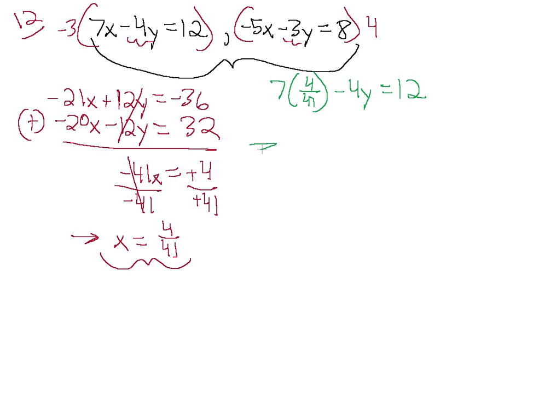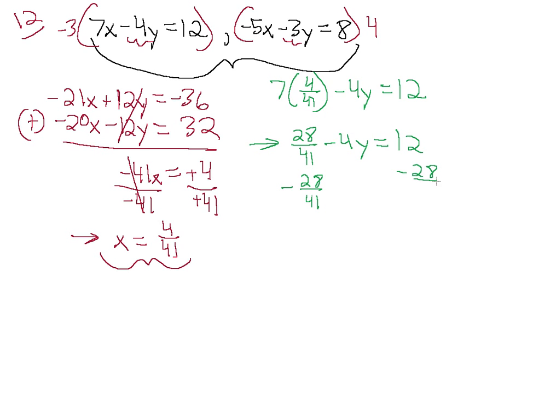Let's go ahead and multiply this out. So we have 7 times 4 is 28 over 41 minus 4y equals 12. We want to move all the junk to the right, variable we want to keep on the left. So we subtract both sides by 28 over 41. Oh, excuse me, that's 41, not 91.